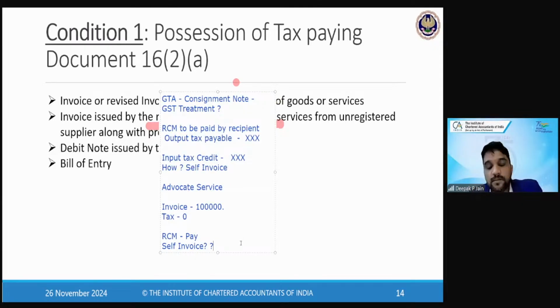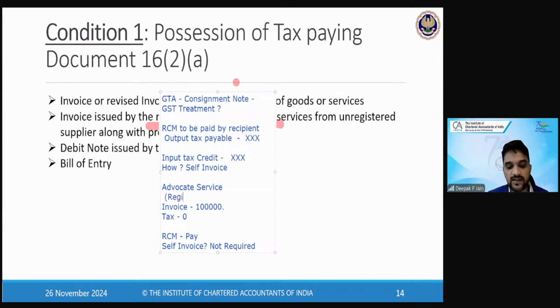No, correct. When a person is registered and he is giving you an invoice, then self-invoice is not required. Only in this scenario, when the advocate is registered, very important. Don't get carried away otherwise.